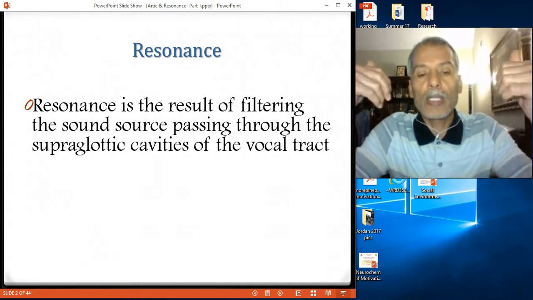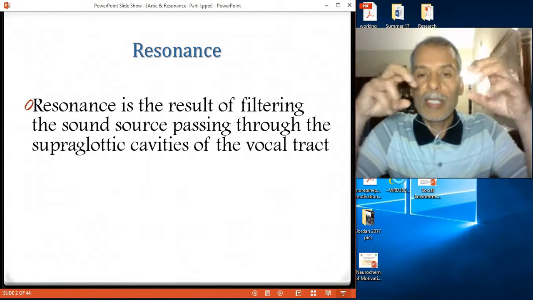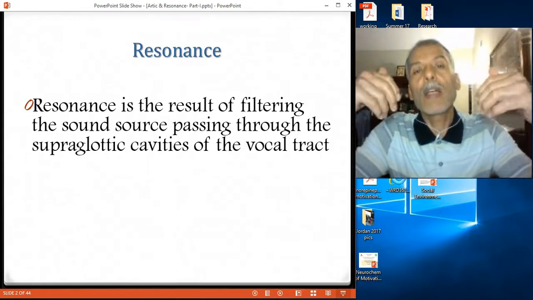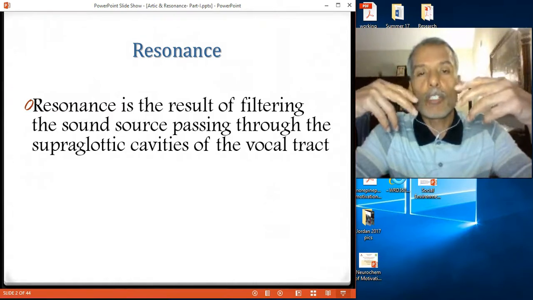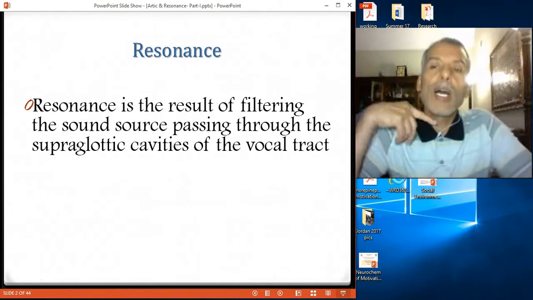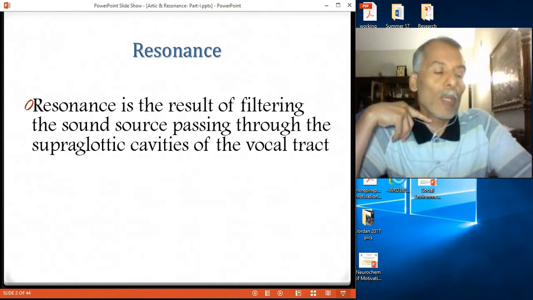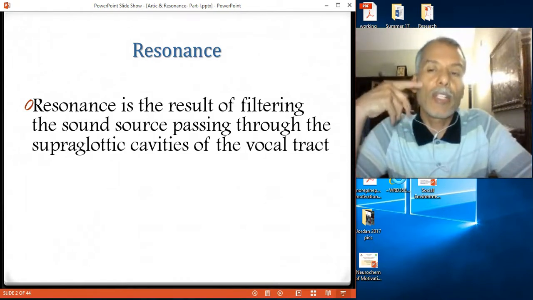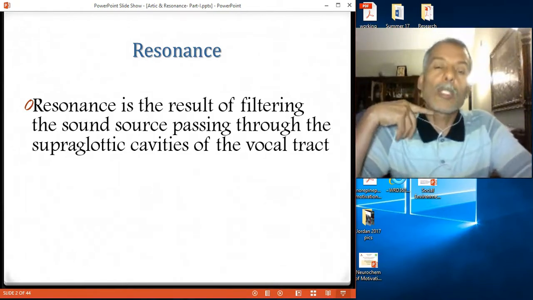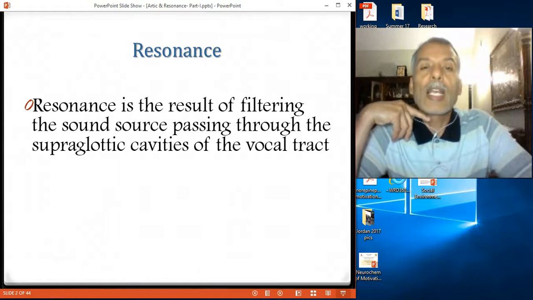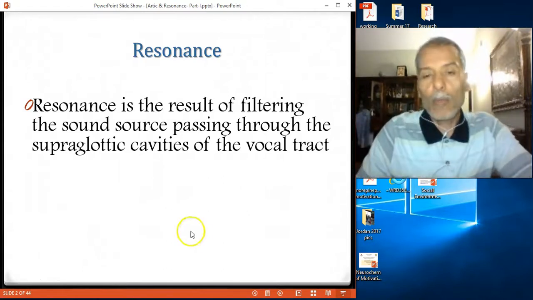So we get the formants this way. And because of doing that, being selective, we call it like a filter. So it filters the sound, and the source that releases the sound into that filter is the vocal folds. So this is why we spoke about source and filter theory or model.